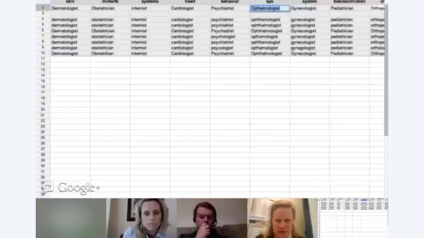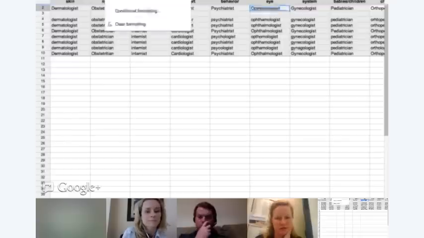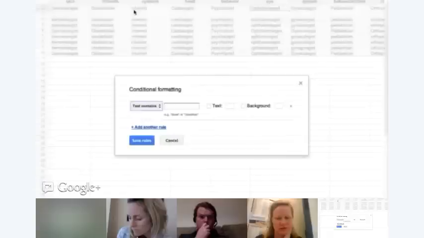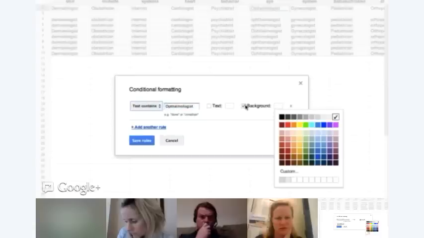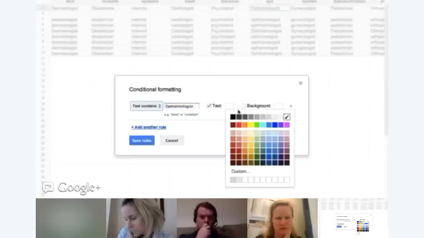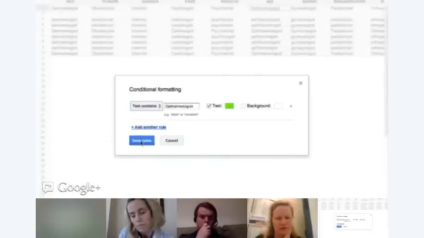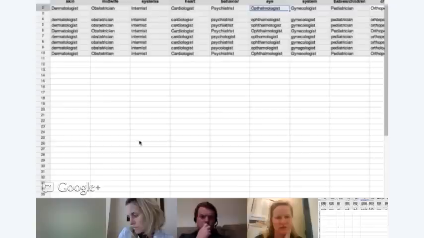This is a medical doctor specializing in the treatment of the diseases of the eye, ophthalmologist. So I just selected that one, I copied the text, and I'm going to go to Format and then Conditional Formatting. And if the text contains ophthalmologist, I can set the text color to be green and then save rules.